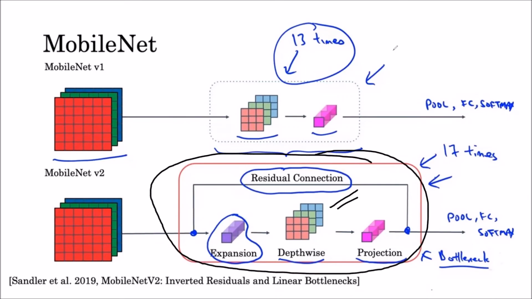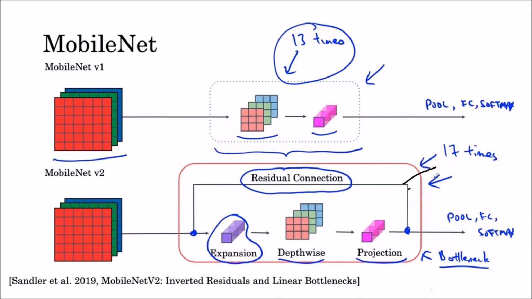This block will be used 17 times. After that, pooling layer, then fully connected layer, and then softmax layer. So the difference between MobileNet V1 and MobileNet V2 is that in MobileNet V2 we are using the skip connection, whereas in MobileNet V1 we are using only the depthwise convolution and the pointwise convolution.